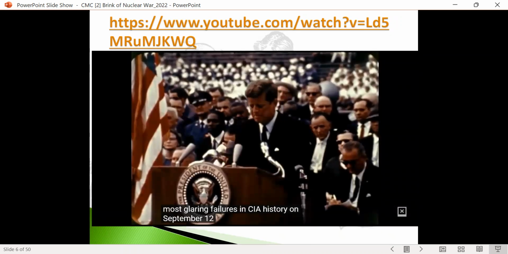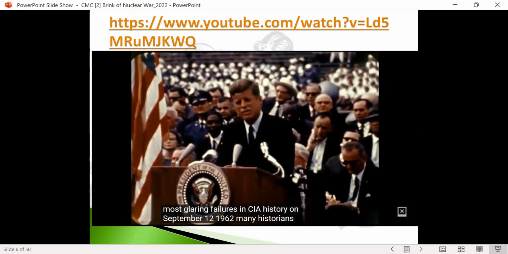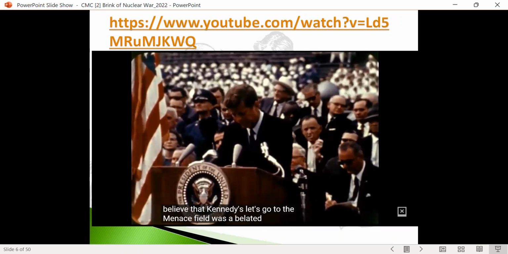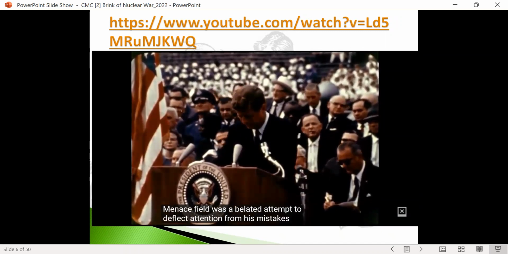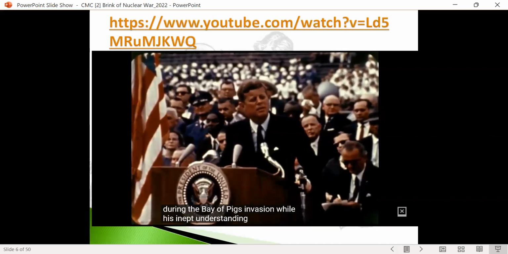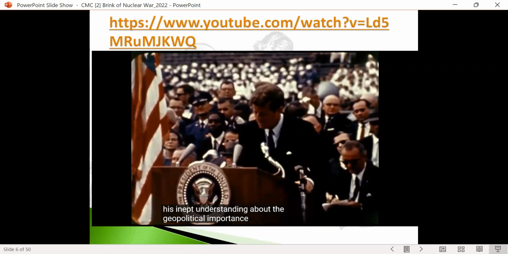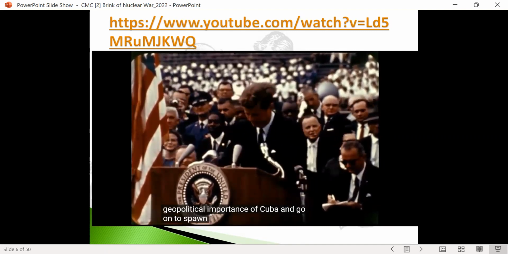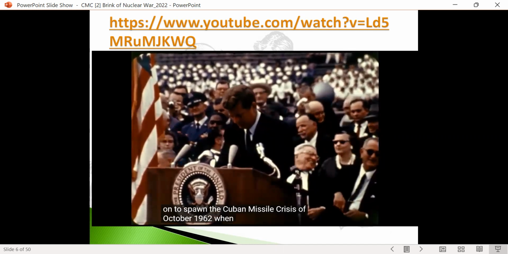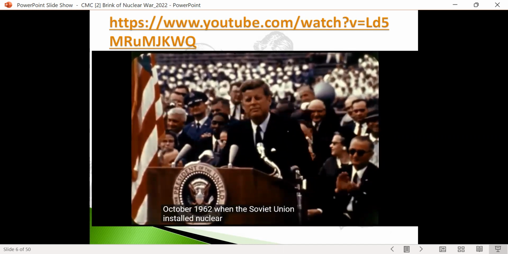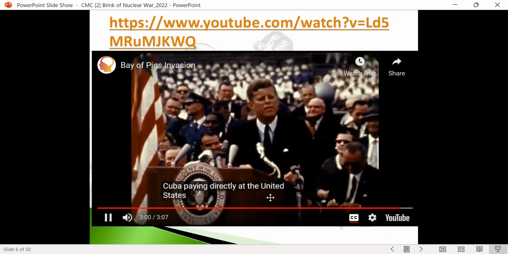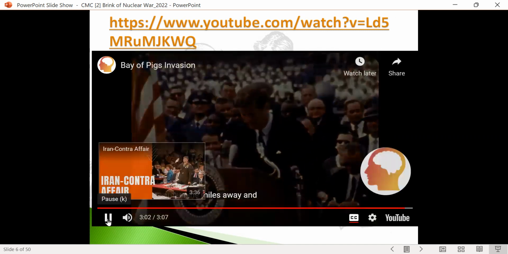On September 12, 1962, many historians believe that Kennedy's 'Let's Go to the Moon' speech was a belated attempt to deflect attention from his mistake during the Bay of Pigs invasion, while his inept understanding about the geopolitical importance of Cuba would go on to spawn the Cuban Missile Crisis of October 1962, when the Soviet Union installed nuclear missile batteries on Cuba aimed directly at the United States a mere 90 miles away.